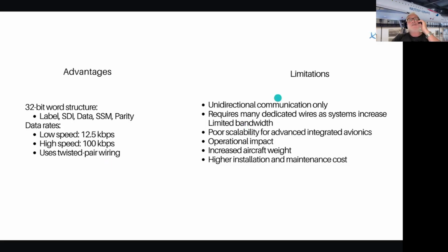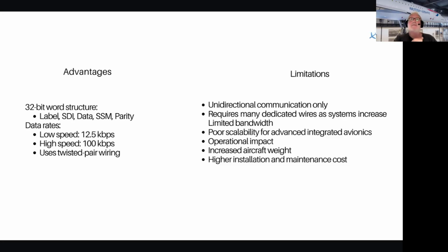The limitations, as we said, it only has unidirectional communication. In other words, there's one set of twisted wires for the transmission, and then another set for the receiving side. So it requires many dedicated wires as the systems increase, with limited bandwidth.